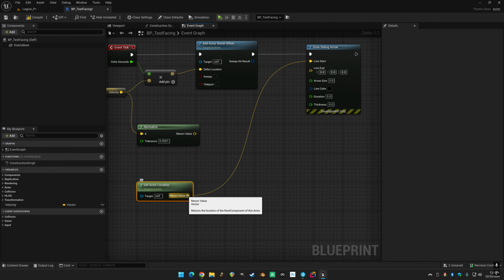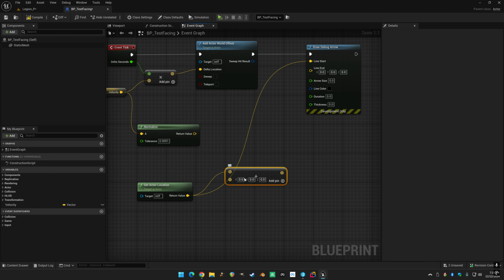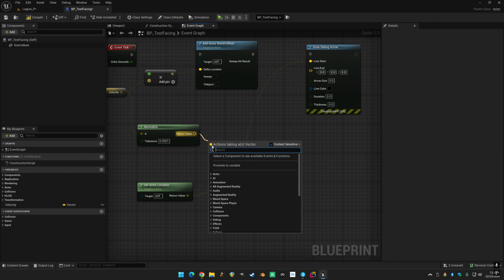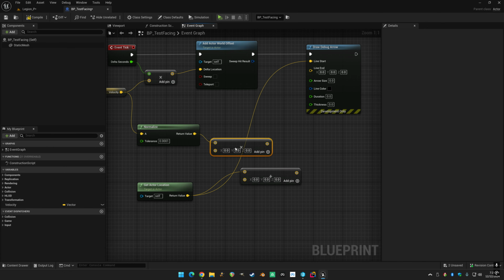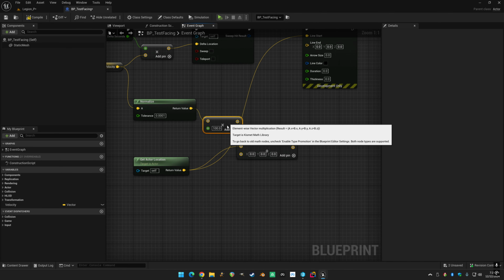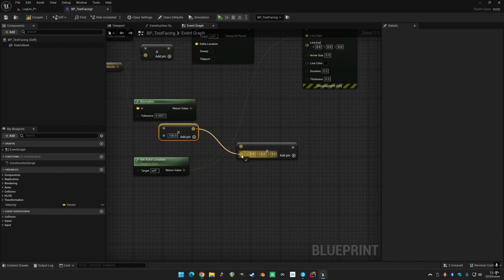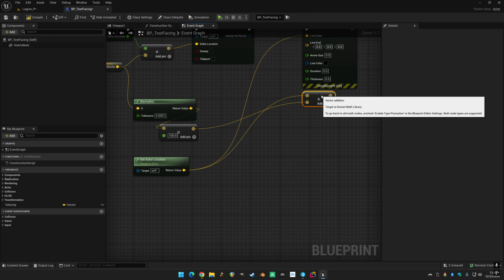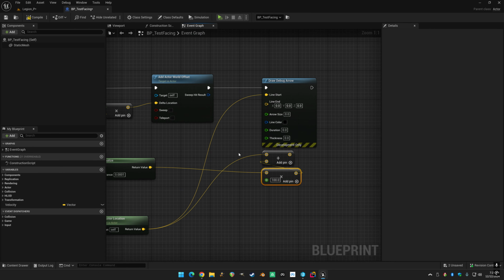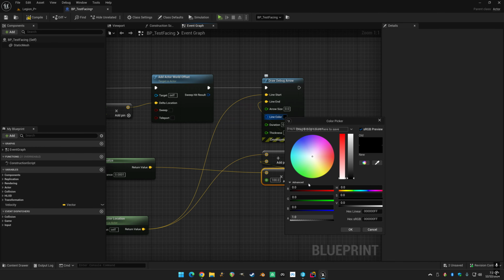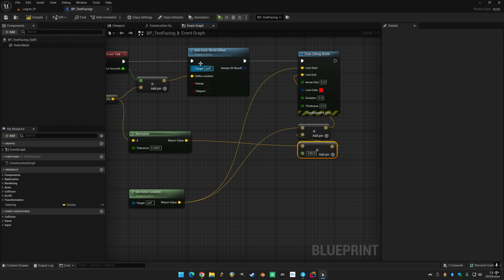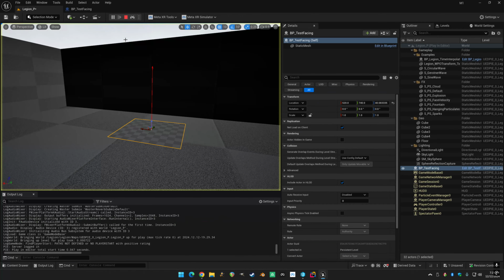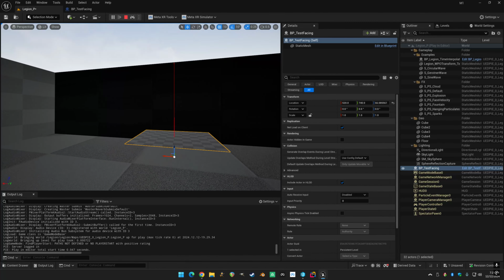And it would end at get actor location plus this vector times some amount. Let's make it 100 long, right? Let's go ahead and move this up out of the way. And let's go ahead and make it red for x. Okay. Now if we simulate, we can see our x direction pointing like that.